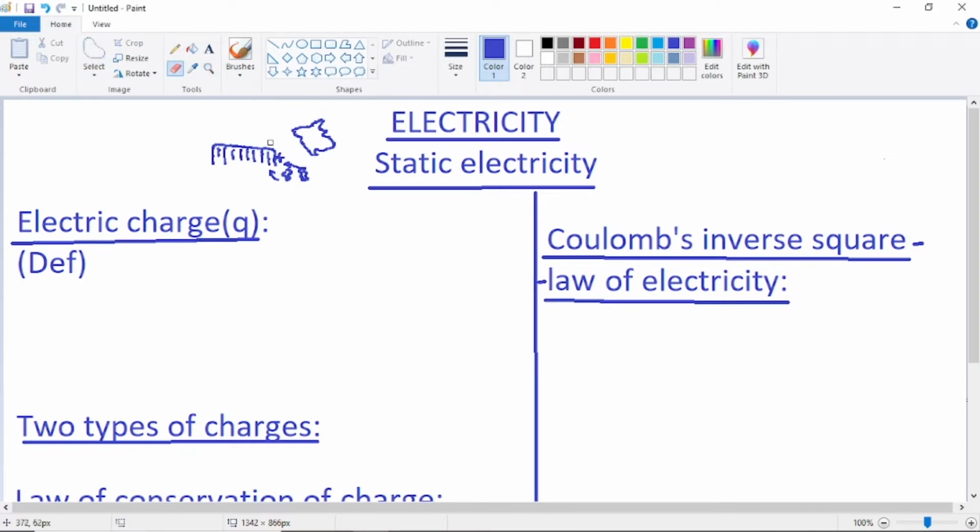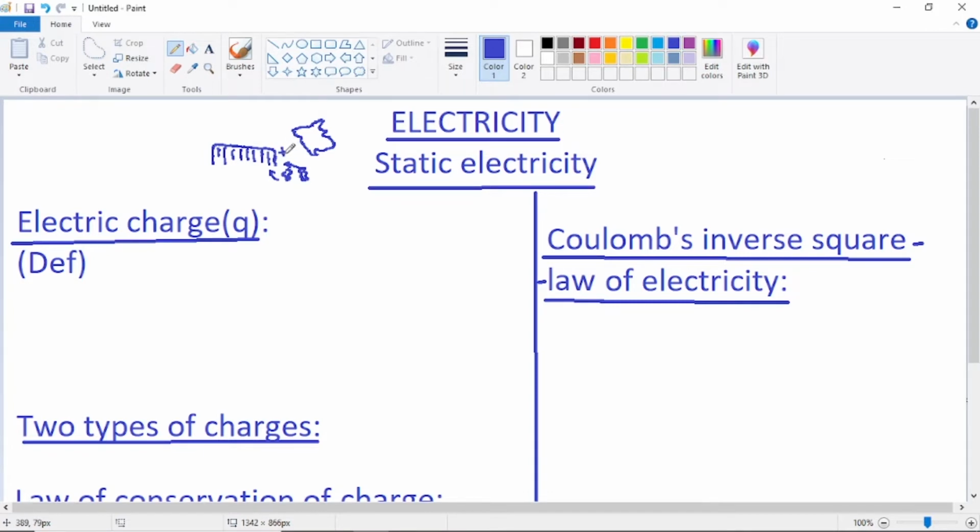I only moved the bit of cloth a little further away from the comb. When the cloth is rubbed against the plastic comb, the comb immediately attracts bits of paper or bits of straw towards it. Why is this happening? Because some property is formed on the comb. It's shown as a plus sign here.